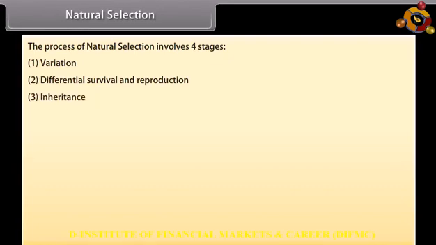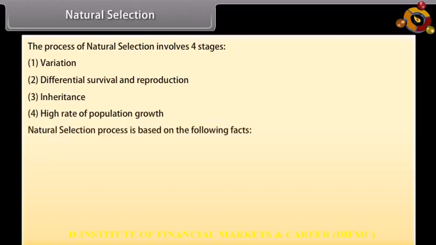Natural selection. The process of natural selection involves 4 stages: variation, differential survival and reproduction, inheritance, high rate of population growth. Natural selection process is based on the following facts. Natural resources are limited. Population sizes are stable.